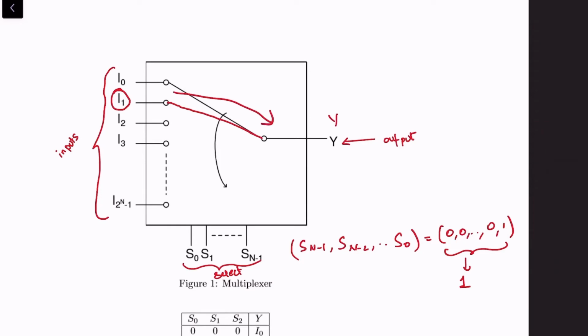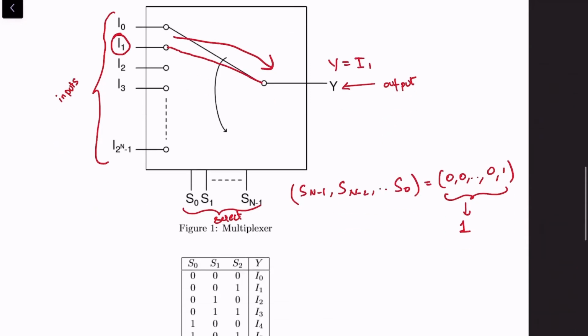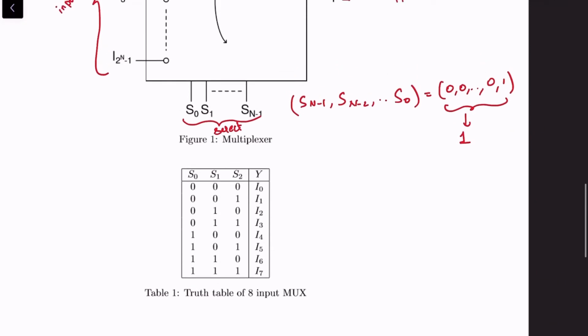That would mean Y is equal to I1, right? So you can see the truth table for an 8 input 3 select line mux. If I were to have chosen 0, 0, 1, then output would be I1, and so on and so forth for various other inputs.